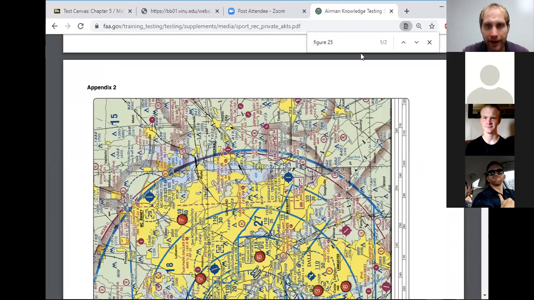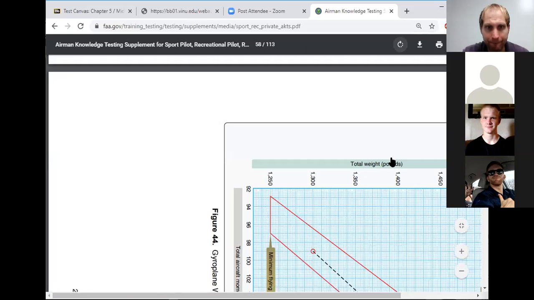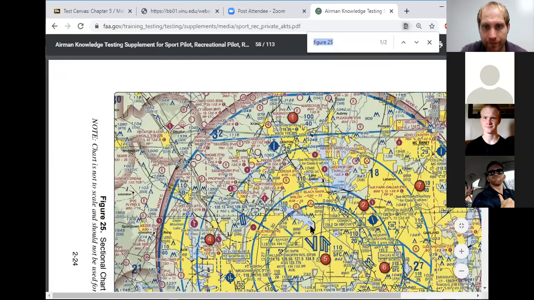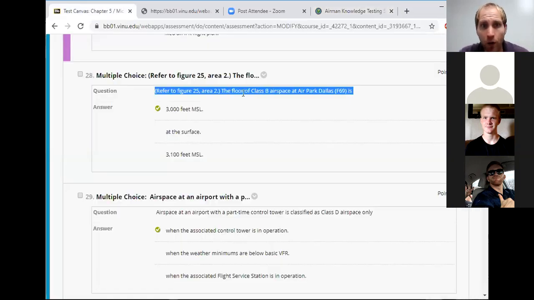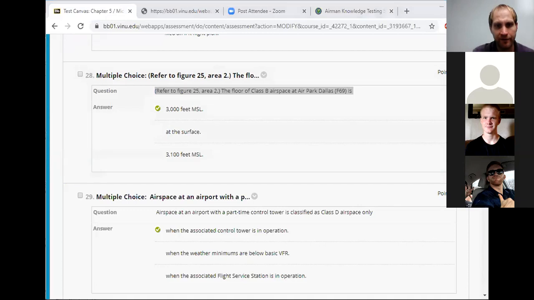We're going to give it the rotate. There it is. And we're looking at figure 25, Air Park, Dallas. You see the magenta data block? Air Park, Dallas. I think that's what we said. So the floor of Bravo airspace at Air Park, Dallas, Fox 69. Oh my goodness. That's not what I want.